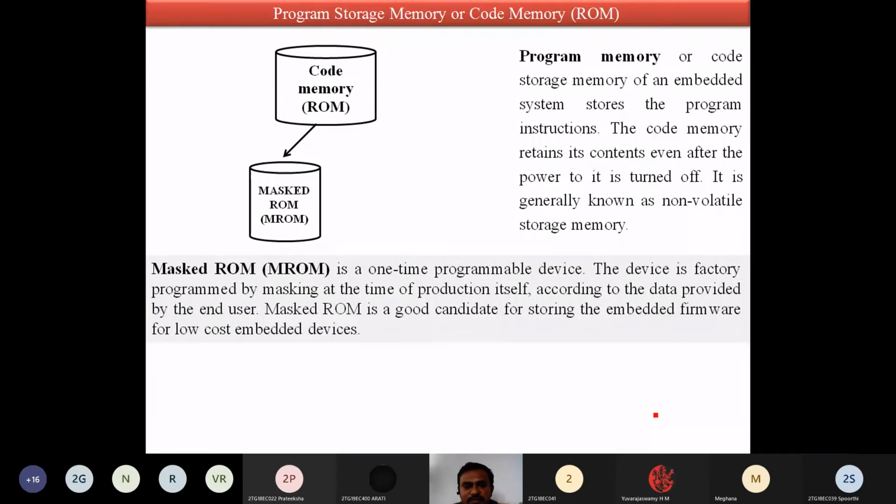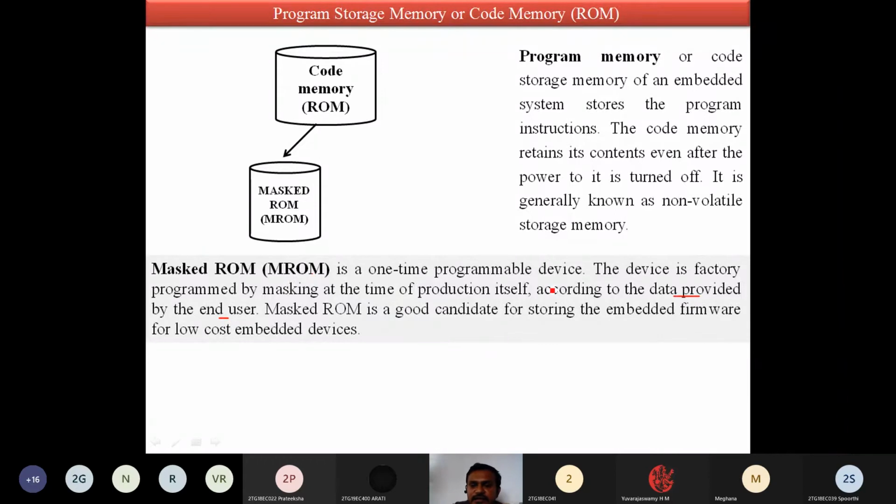The device is factory programmed by masking at the time of production itself. This means it is created in the industry as per the requirement of the end user. According to the data provided by the end user, this ROM is designed by the industry itself.